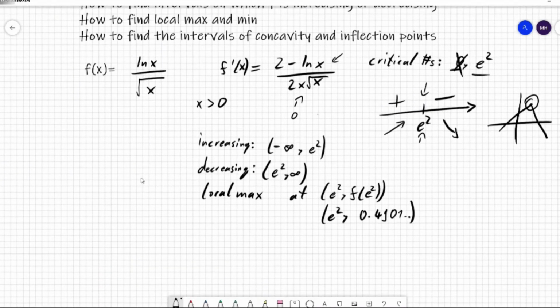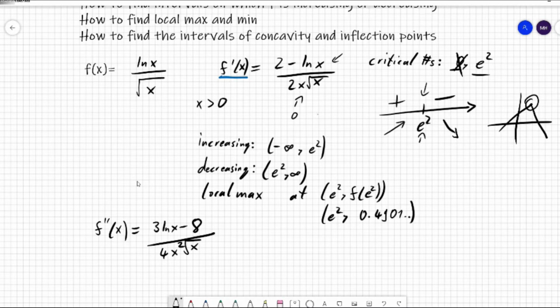So then we're going to find the intervals of concavity and inflection points. To do this, we should just find f double prime of x. I already found that, so you just differentiate this function here one more time. So f double prime of x is 3 ln x minus 8 over 4x squared root x.